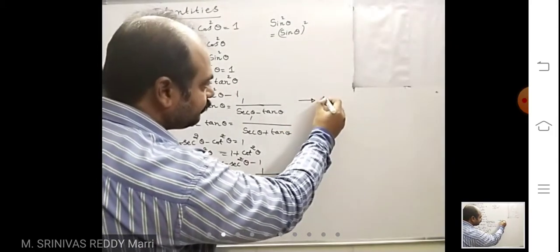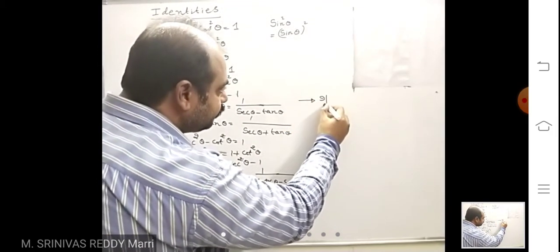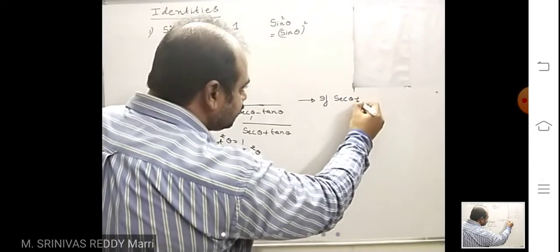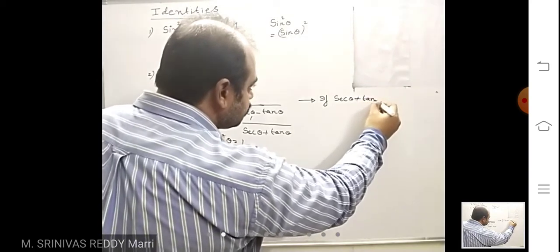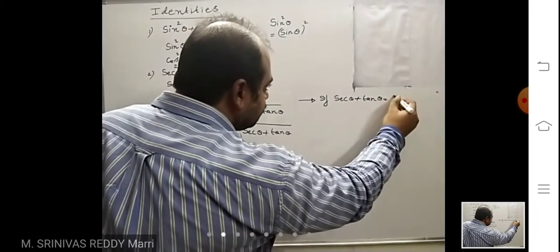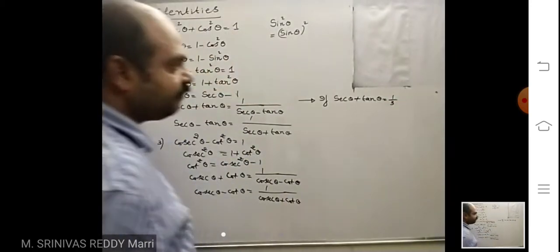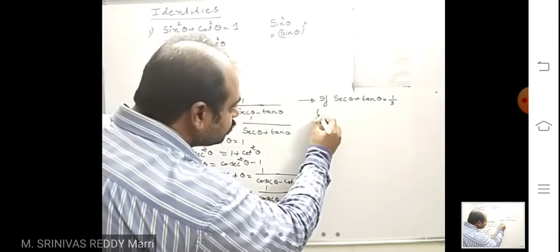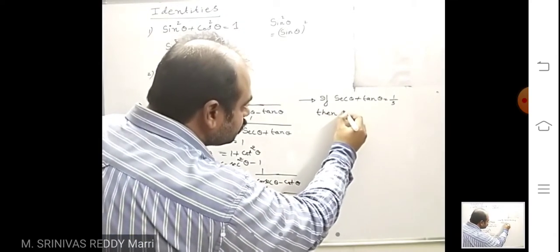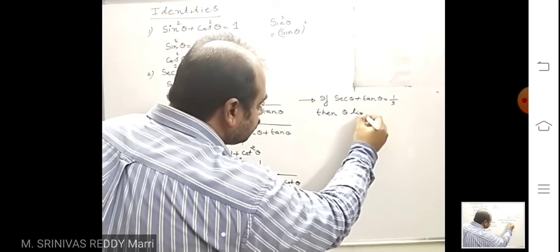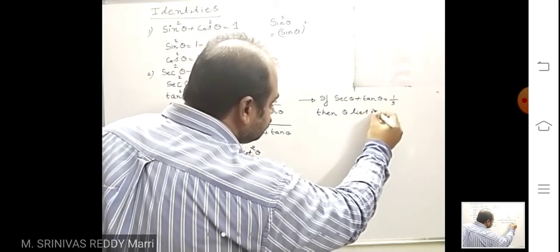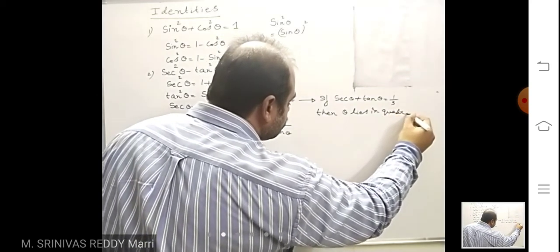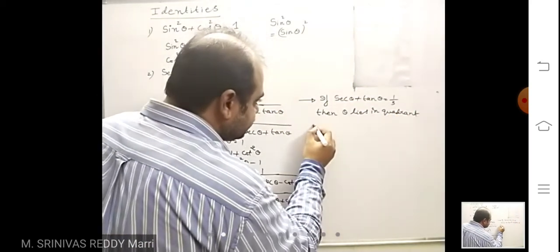Suppose we take one problem: secant theta plus tan theta equal to 1 by 3 is given. Then theta lies in which quadrant?